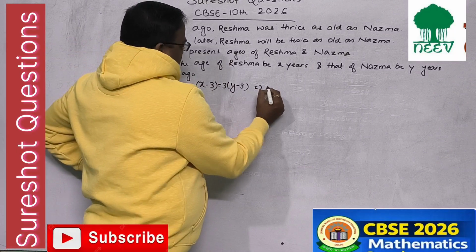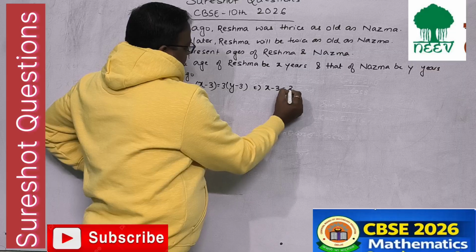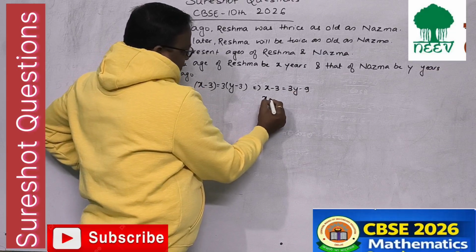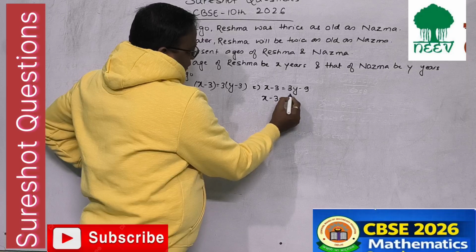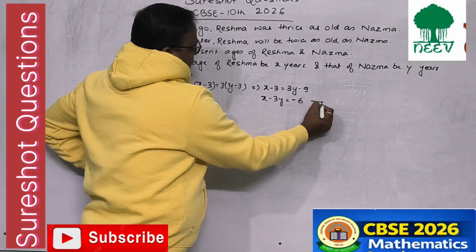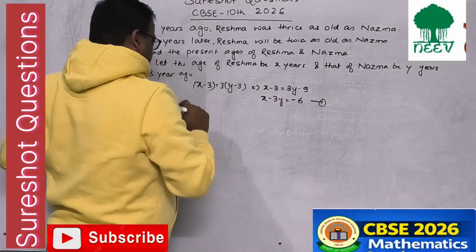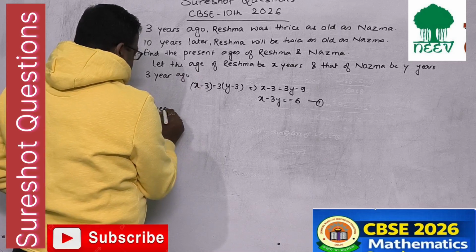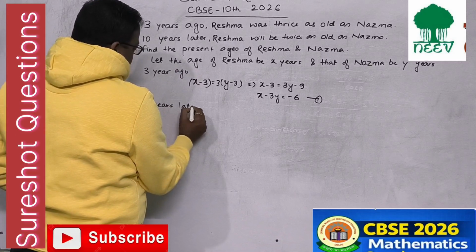So this becomes x minus 3 is equal to 3y minus 9, or you can write x minus 3y is equal to minus 9 plus 3, which is minus 6. Equation number 1.